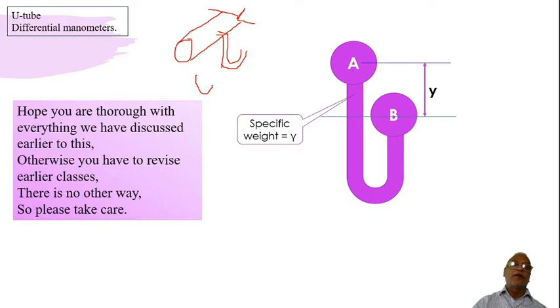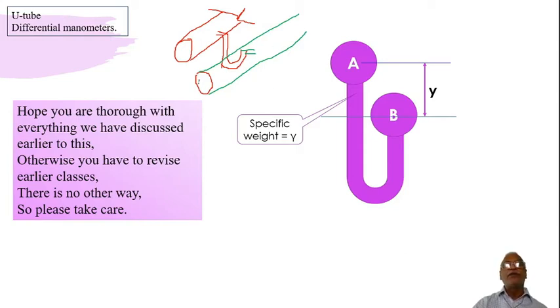If I can draw that pipe here, let me use a slightly different color. That pipe is going this way. Now there is a point where this particular small tube is attached to this. Now that is the U-tube manometer.